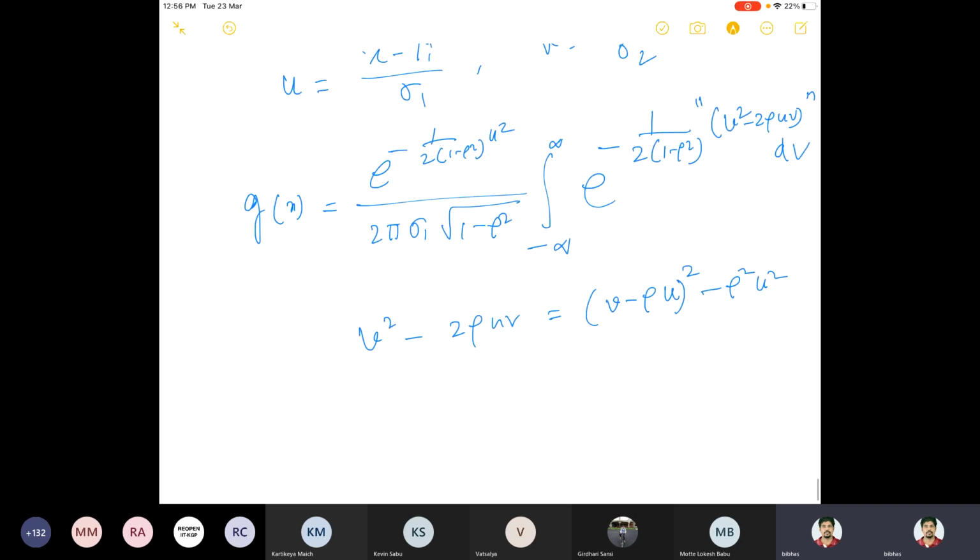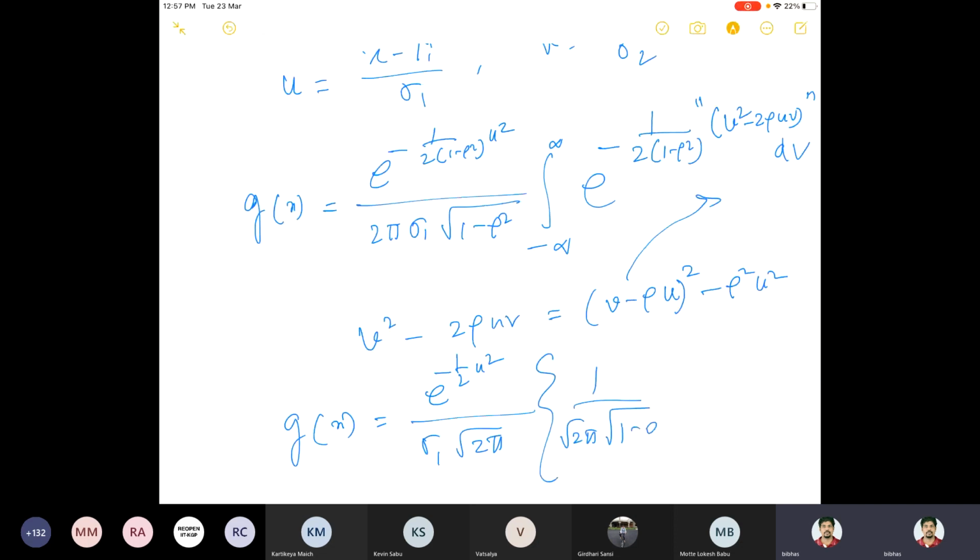So now you plug into this here again, and then what you see is that g(x) is e to the power minus half u square, then sigma 1 square root of 2 pi, and then here you'll get 1 by square root of 2 pi, 1 minus rho square, integral from minus infinity to infinity of e to the power minus half, and then just a v term will remain, v minus rho u by square root of 1 minus rho square, whole square, and then dv.